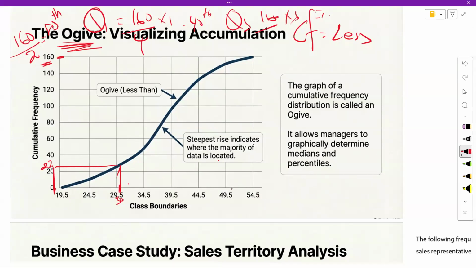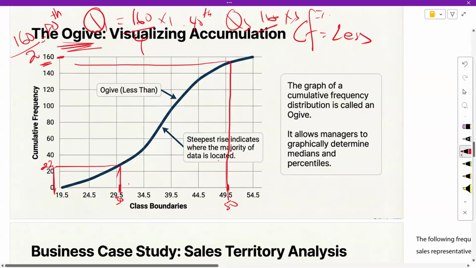How many employees are less than 50 years old? Here we find 50 and track the line, touch here, and look at this point. It gives the number of employees less than 50 years old. So this is how we can get more and more insights.